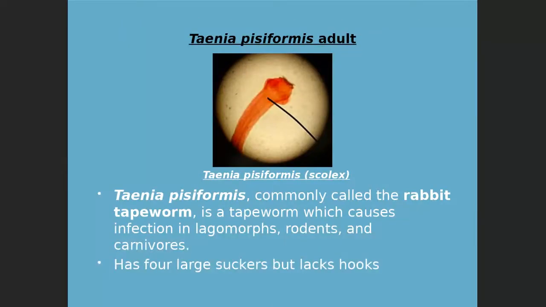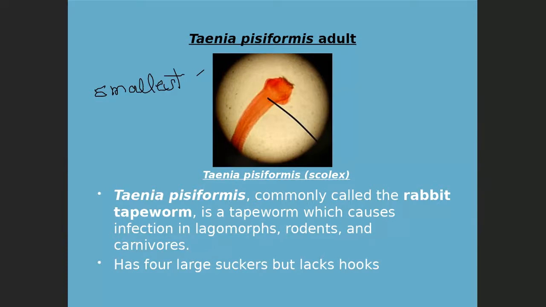All right, the next segmented worm or tapeworm or cestode that we're going to look at is Taenia pisciformis. There are several species of Taenia. Taenia pisciformis is one of the smallest ones as far as the size of the scolex and the size of the segments.